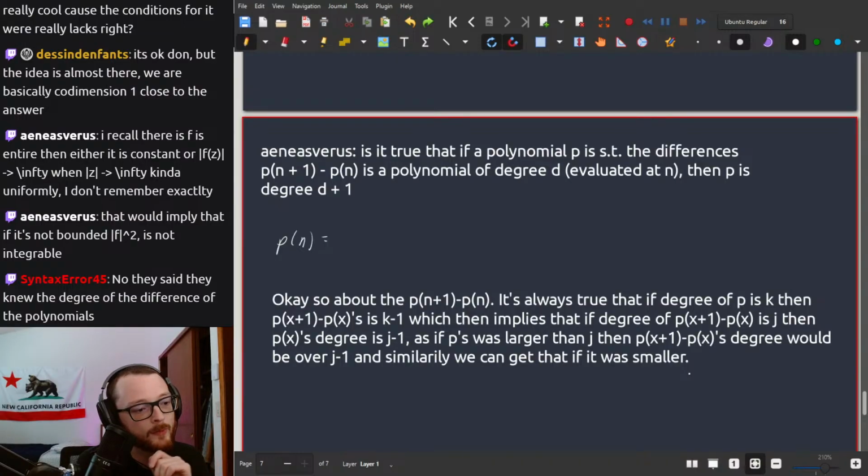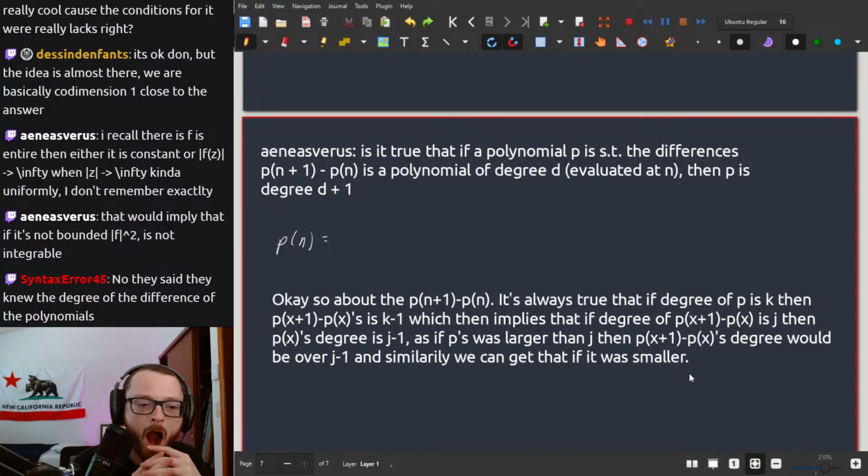Yeah, Anis, that's Liouville's theorem. It's about the order of the if-then. Degree.